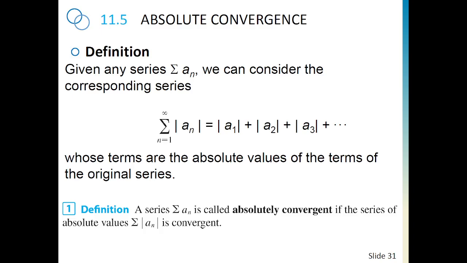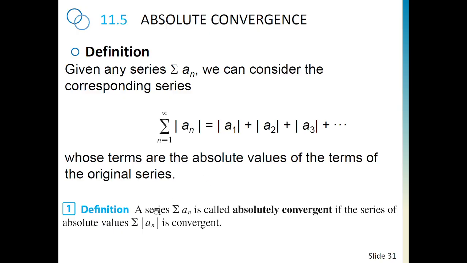It's quite straightforward actually. So the definition here is you have a series and then you take absolute value of each term. So that means now every term of this new series is a positive number, right? So those absolute values here, that's called now the series of absolute values. Okay, so nothing special.